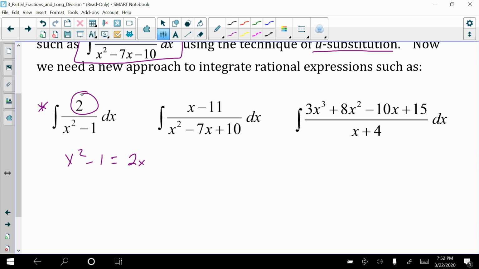And it would be the same thing with the other examples. If I try to take the derivative of x squared minus 7, I do not get anything that matches the numerator. And in the last example, if I try to take the derivative of the more complicated piece, I get 9x squared, which in no way comes close to matching what I have in the denominator. So in certain circumstances, U substitution simply doesn't work.